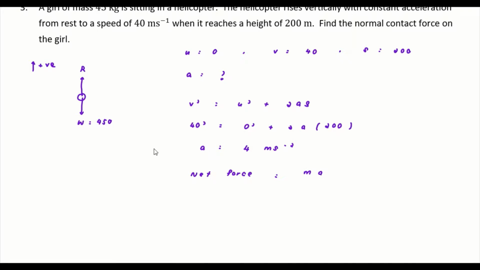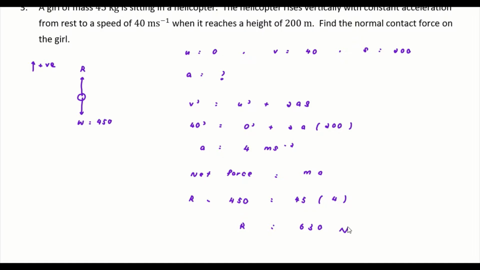So what's the net force in this question? Remember, going up is positive, so the normal force is positive and the weight is negative. So it should be R minus the weight. Okay, and it is equal to the mass, which is 45 kg, multiplied by the acceleration, which is 4. So R is equal to 180 plus 450, so you can get 630 Newtons.